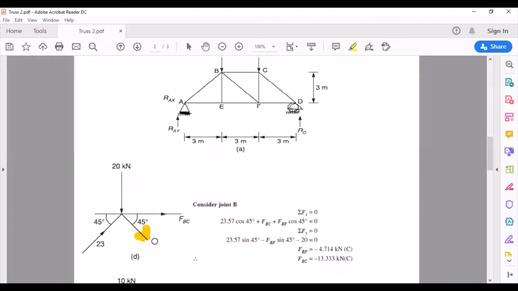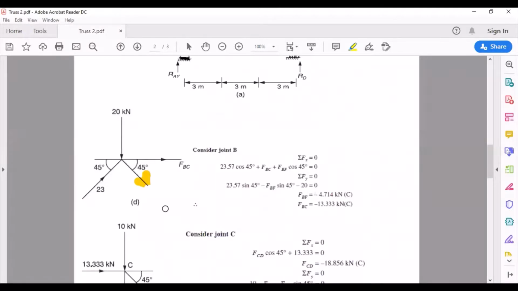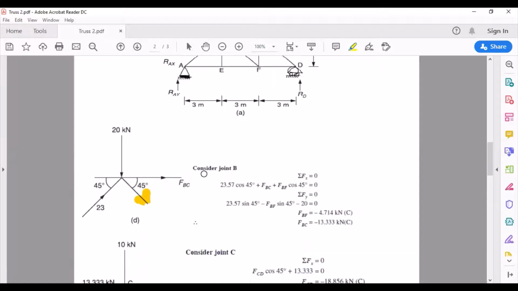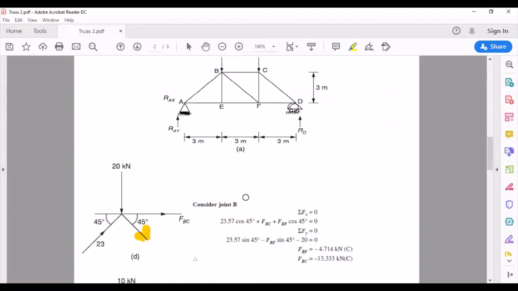Both are assumed to be acting outwards. Now apply sigma Fx and sigma Fy. These two members' inclination is 45 degrees. If you apply the tan rule, you will be able to calculate the angle. Since we have already done it in the first stage, you are going to do it similarly.